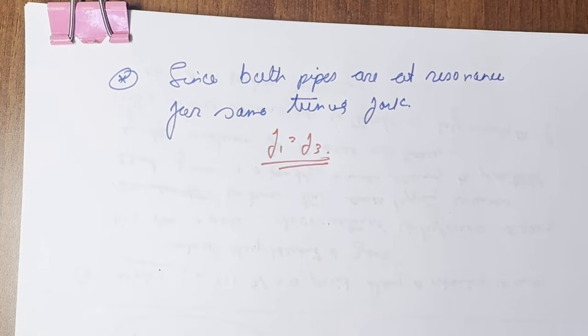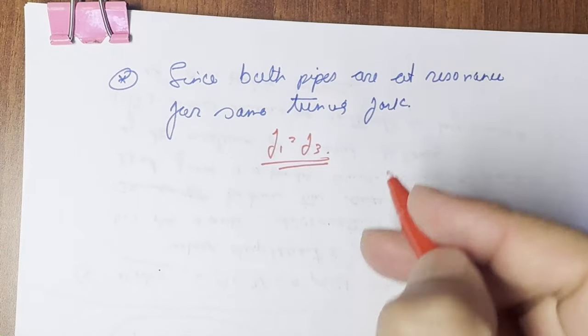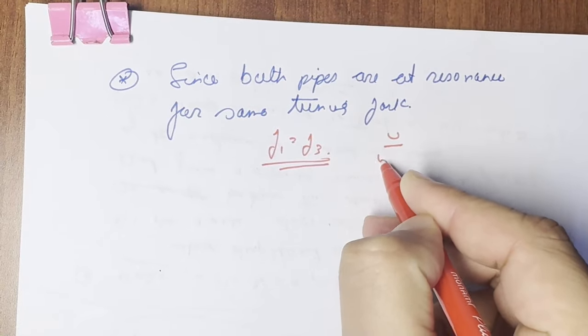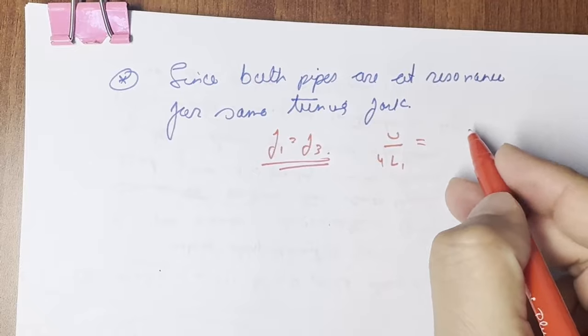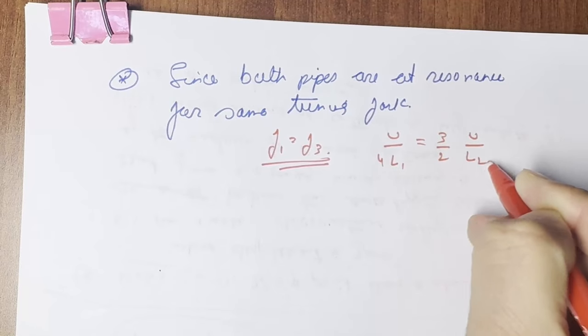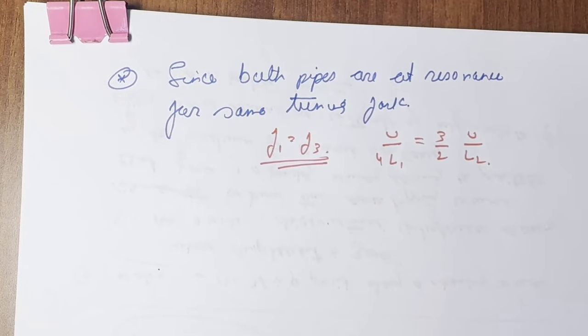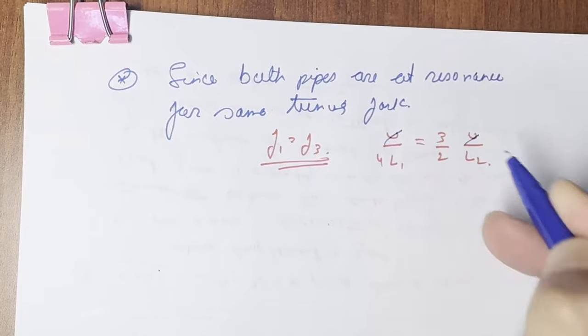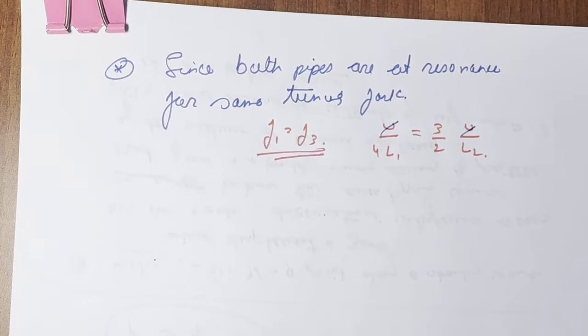We substitute the values. F1 was V upon 4L1, and F3 was 3/2 V upon L2. V and V cancel out, and we are supposed to find the ratio of the lengths of P1 and P2.